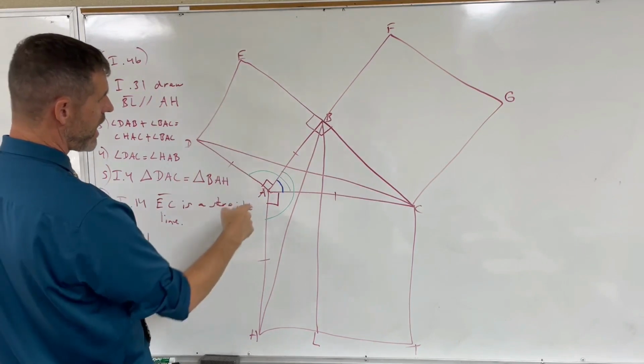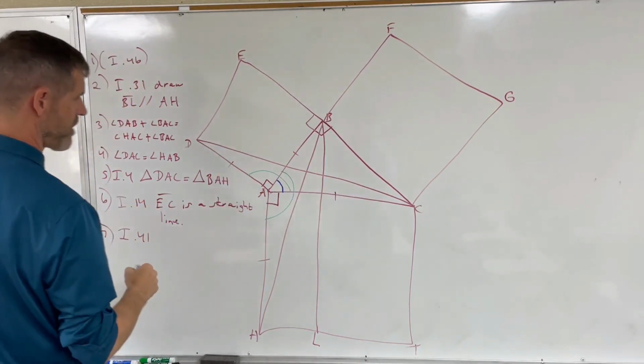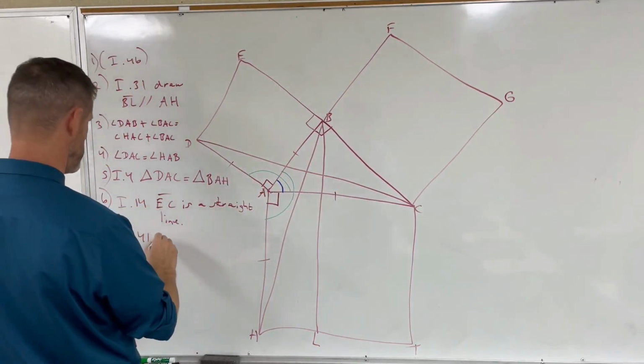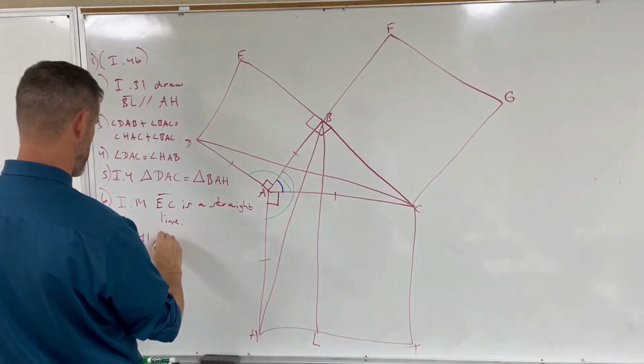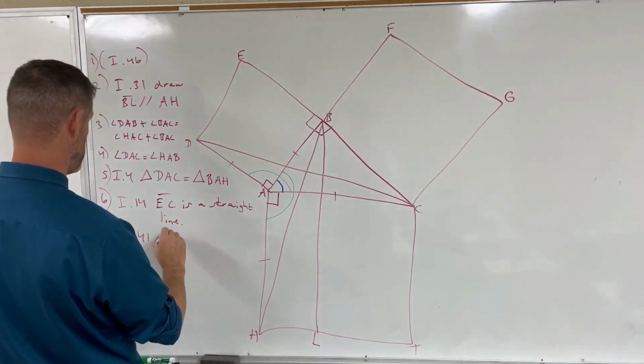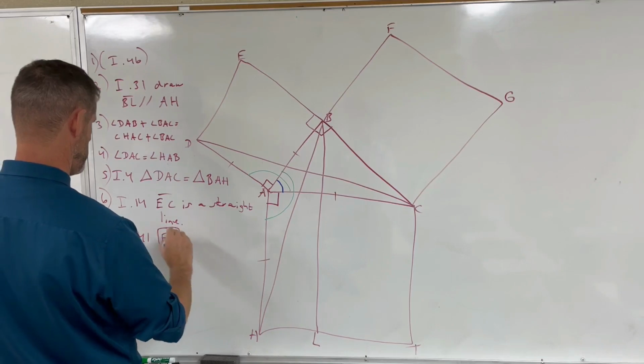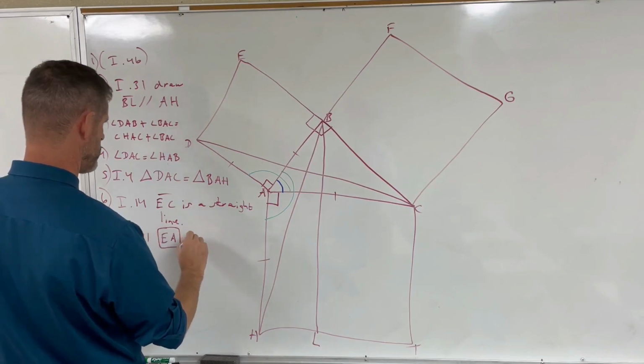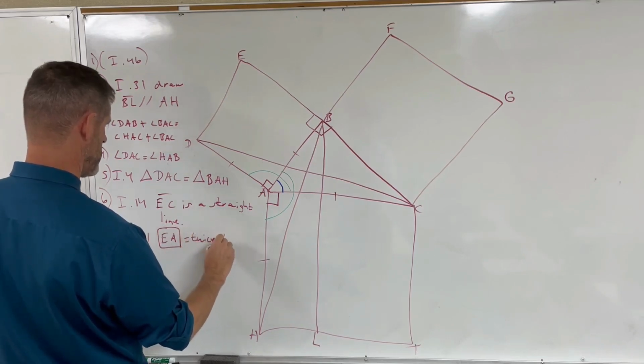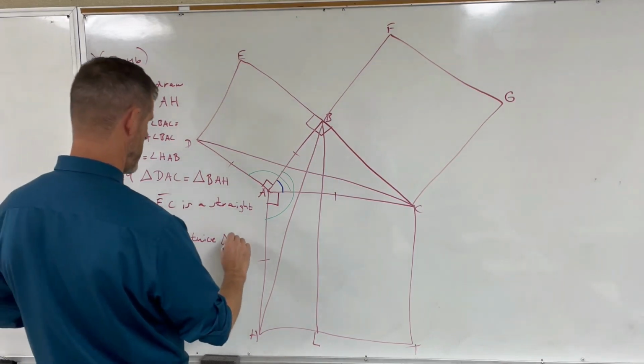Therefore, EA is going to be twice the triangle DAC. So the square EA is equal to twice the triangle DAC.